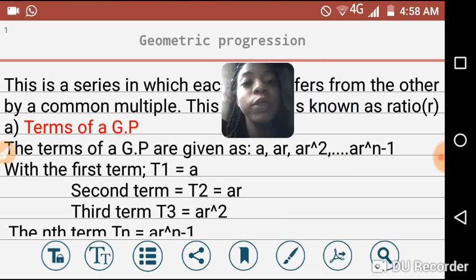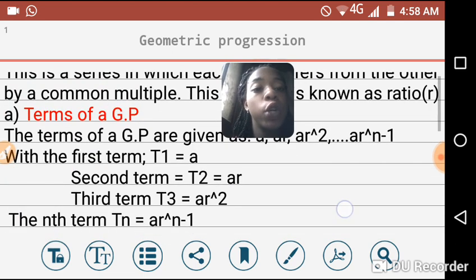Now we move on to the terms of a GP. The terms of a GP are given as A, AR, AR to the power 2, and you can continue, that is AR to the power n minus 1. With the first term, T1 is equal to A. Second term, T2 is equal to AR.